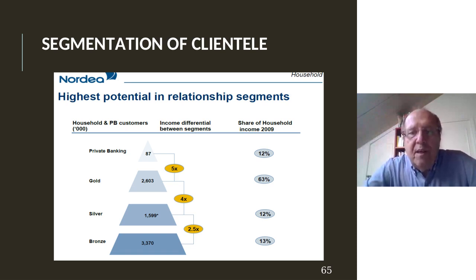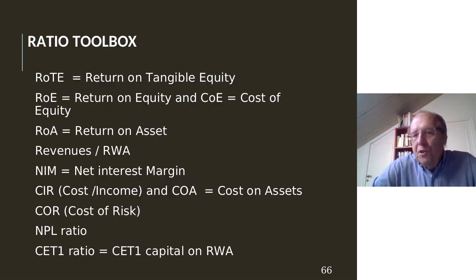So here you have the split of Nordea's clientele. Nordea is a Nordic bank in Europe, operating in five or six countries, and they have above 3 million of what they call bronze, which is purely mass market, and then you see the amount of money they make on the different sections. So it's important to know where you are, and banks use this segmentation a lot.